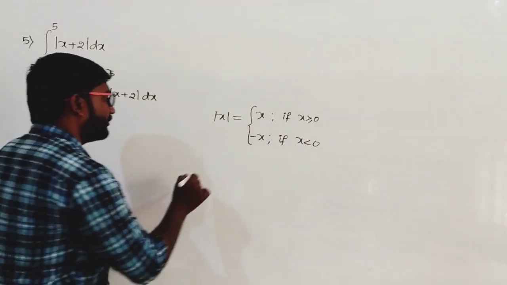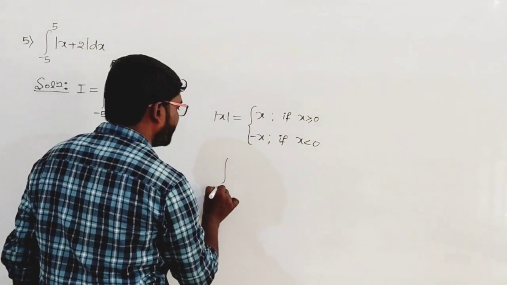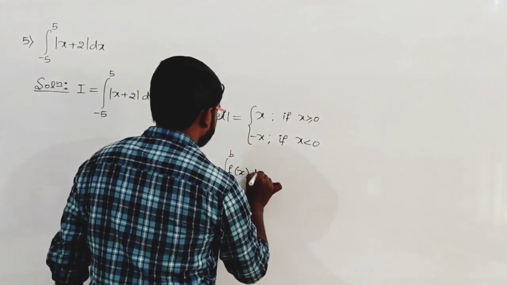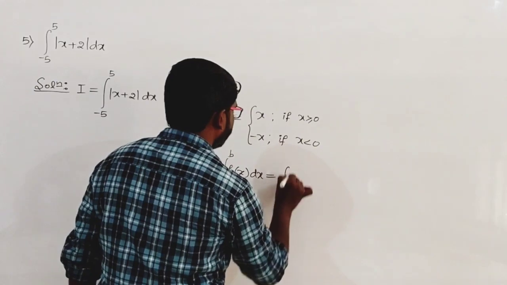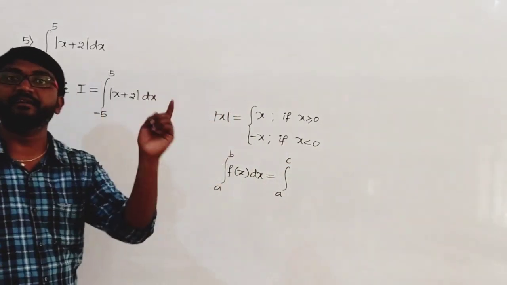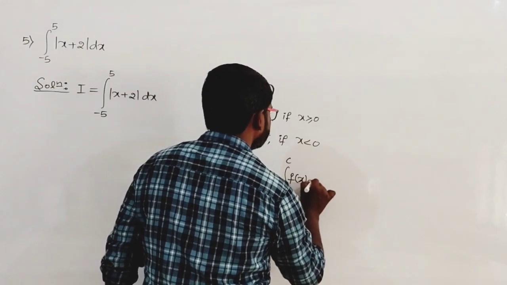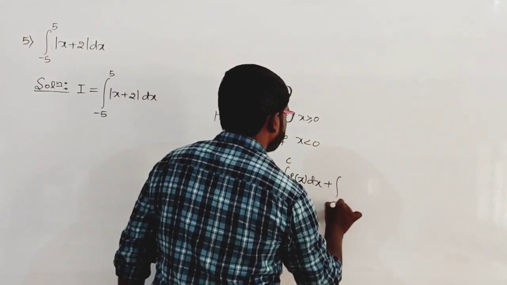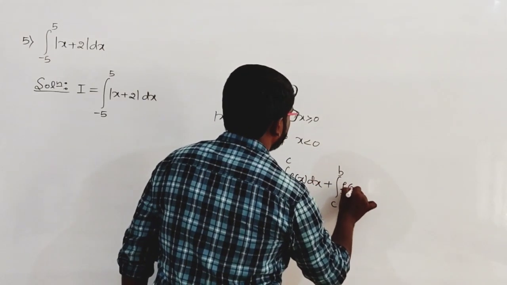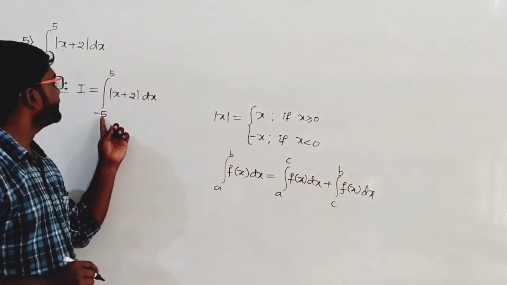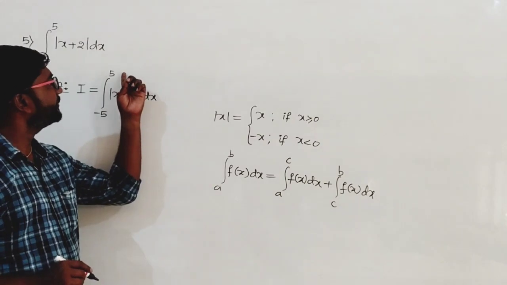Here we have to make use of the property P2: the integral a to b of f of x dx equals the integral a to c of f of x dx plus the integral c to b of f of x dx. We have to take the intermediate limit. Now a is minus pi and b is plus pi.